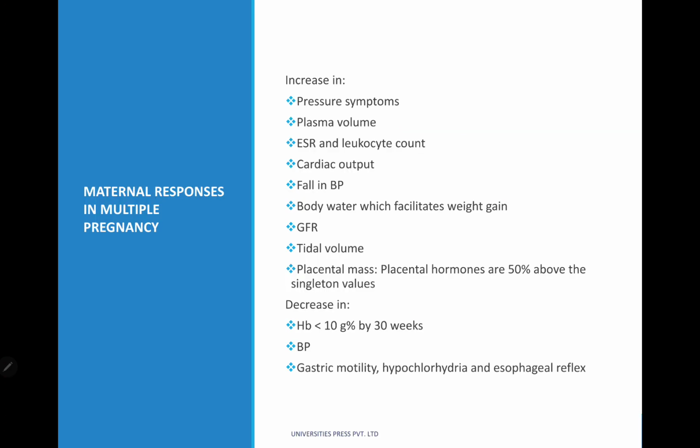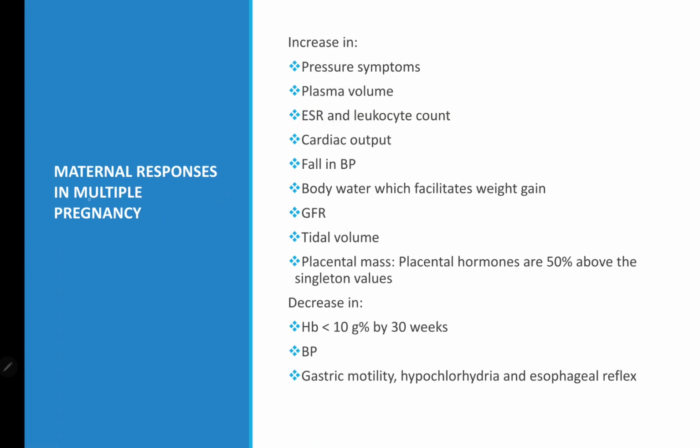Now, what are the maternal responses in multiple pregnancy? Talking about the maternal response in multiple pregnancy, there is going to be an increase in the pressure symptoms, plasma volume, ESR and leukocyte count, cardiac output, fall in blood pressure, body water which facilitates weight gain, GFR, tidal volume, placental mass.